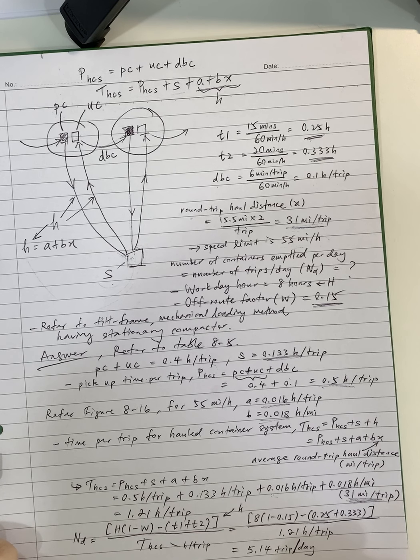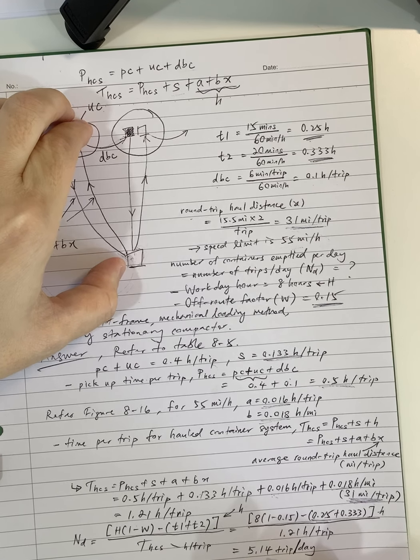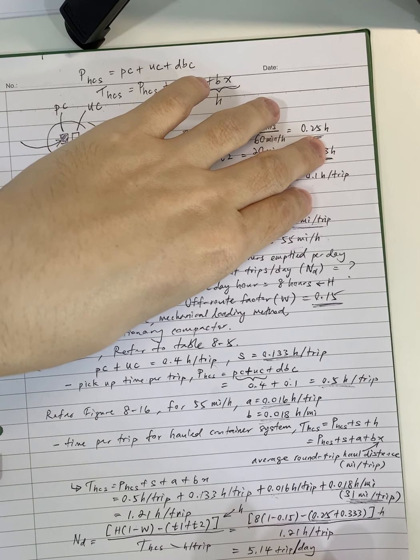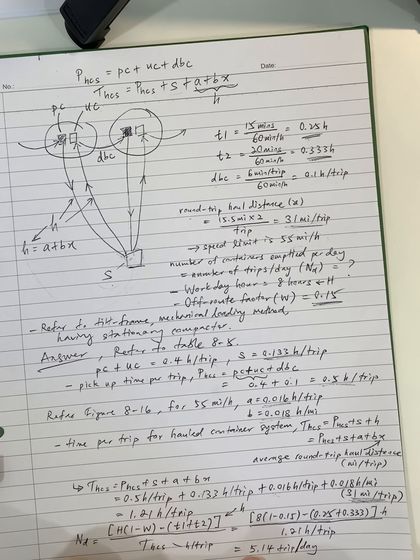Is it correct? This is hour, so let me see. Yes, you can go up to 5 trips, which means you can settle 1, 2, 3, 4, 5 containers per day. That's what 5.14 means.